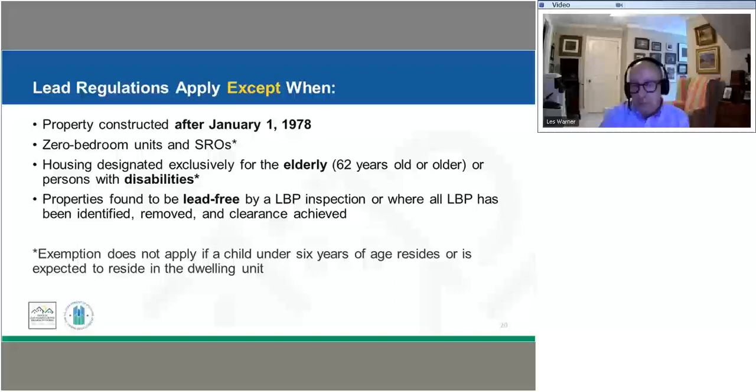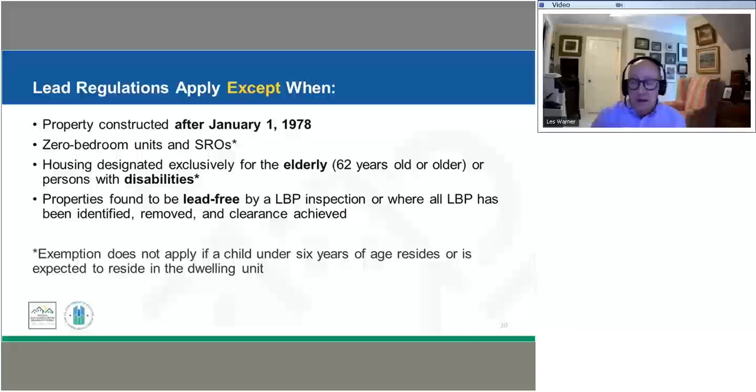I think as the program, the key is going to be making sure that this is happening in a timely manner, that we've got the documentation in place, that we have a qualified contractor doing the work, and that we have the required clearance testing completed.